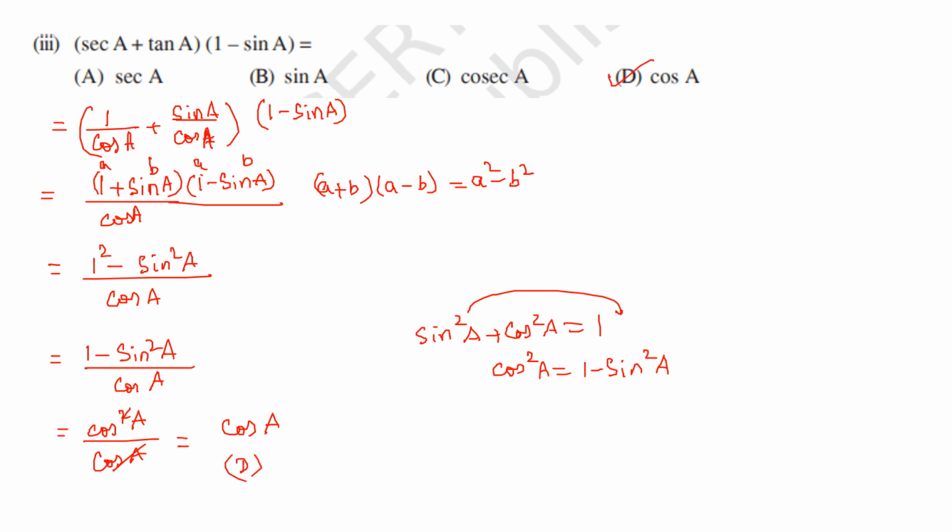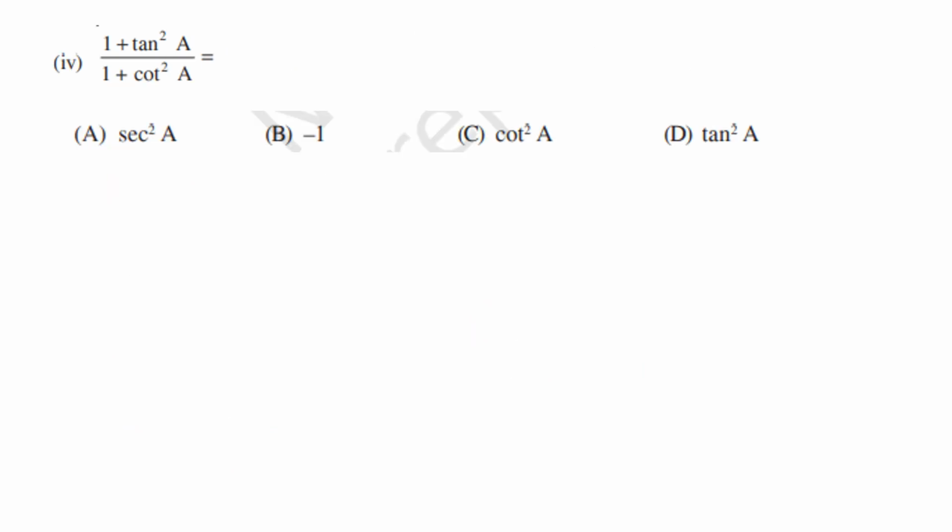Now moving to the last question of question number 3. Now here it is (1 plus tan square A) by (1 plus cot square A). Again I am going to write tan and cot in terms of sin and cos. So from here, tan is sin by cos, so 1 plus (sin A by cos A) whole square, and cot A is cos A by sin A, so (cos A by sin A) whole square.